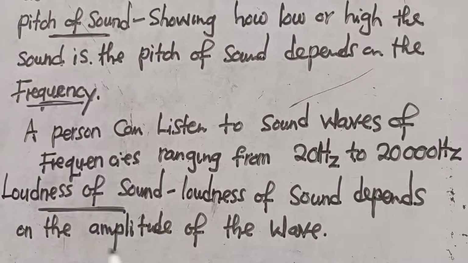Loudness depends on the amplitude. This is what you have to understand. You need to know that a sound wave with larger amplitude contains more energy and therefore it is louder.